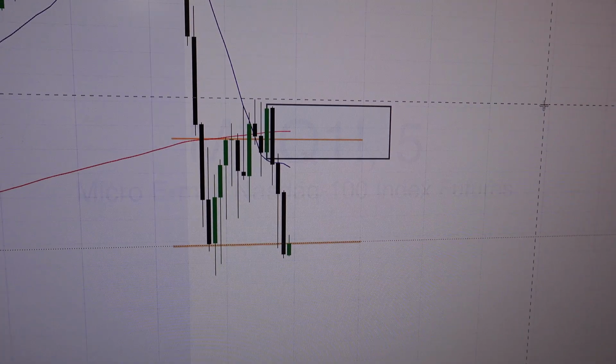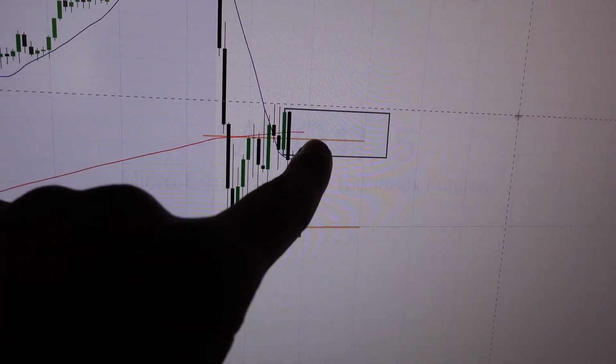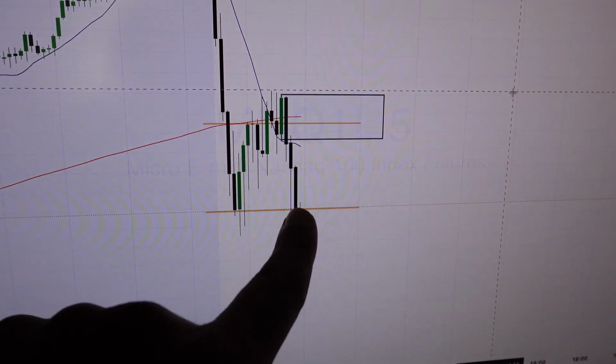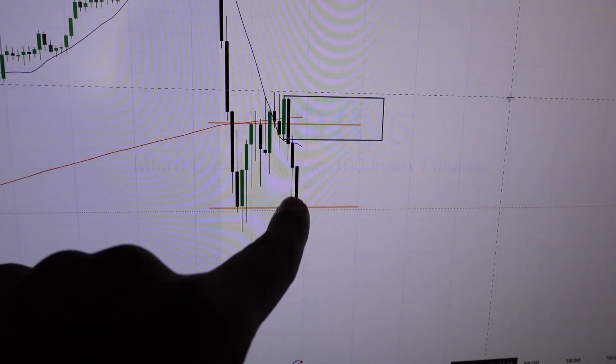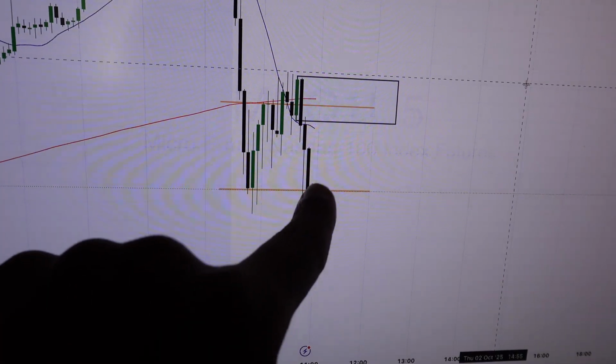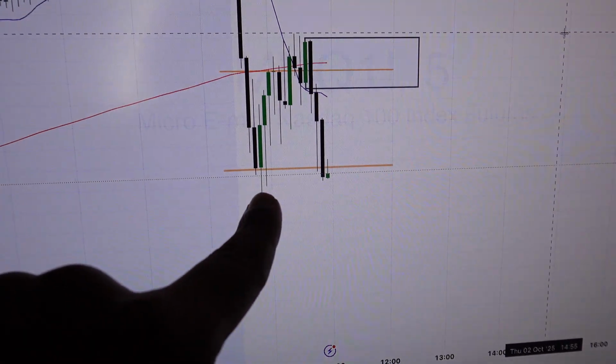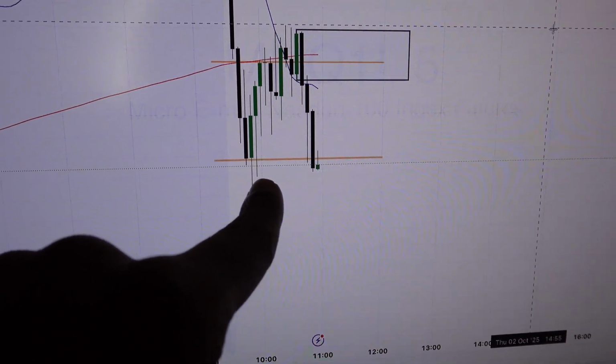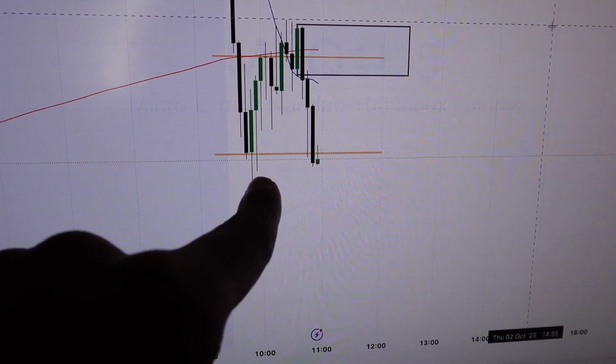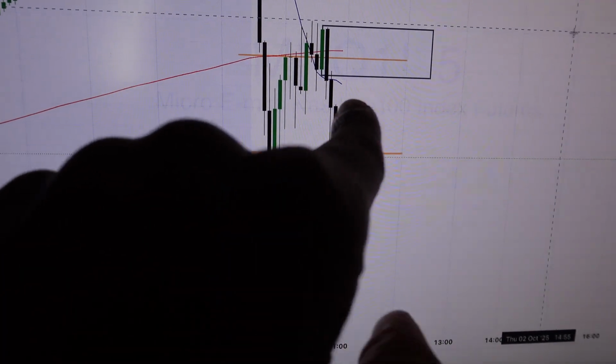Okay, so I marked up my next supply zone, but the problem is it's inside this range, so it's going to be risky. If price goes up and hits that supply zone, I'm going to take entry on the break of this candle right here just to be safe. Because remember, the range is right here.